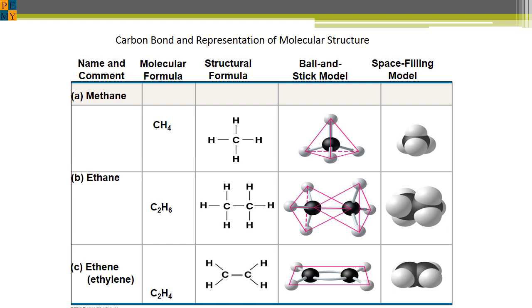The third column shows a more pictorial representation, explicitly showing the hydrogen atoms and the atomic bonds attached to the carbon atom. The ball and stick model accounts for the tetrahedral shape of the molecule. It is a 3-dimensional representation, as is the next column, called the space-filling model.